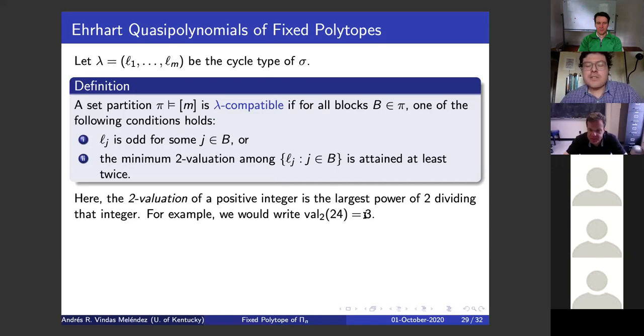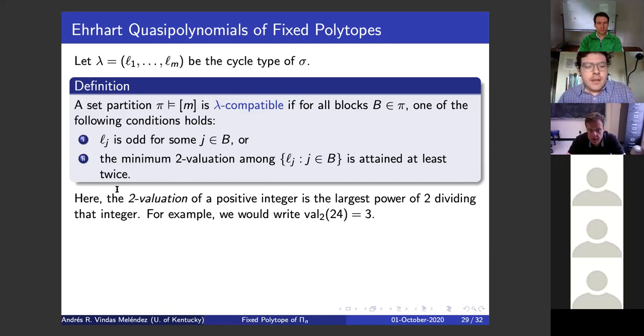It's 3. So now we don't really even care about the geometry. Now we're just looking at what happens when we're partitioning our vertex set. And so if one of the lengths of those L sub j is odd, then we say it's lambda compatible. Or if the minimum 2 valuation of the L sub j is attained at least twice.